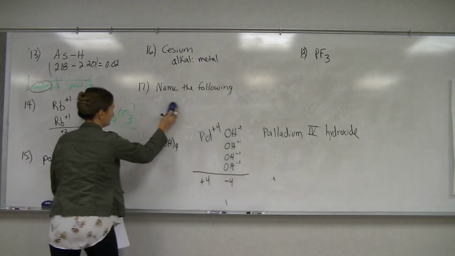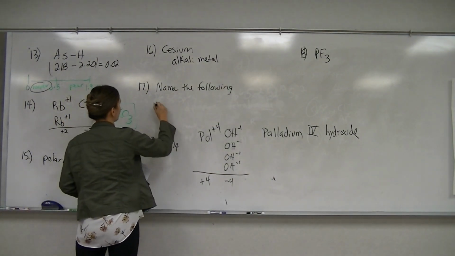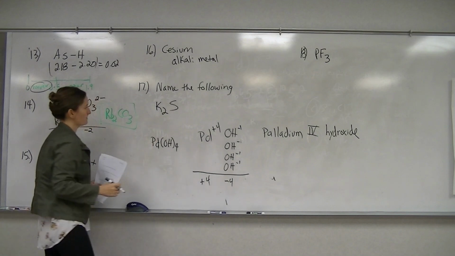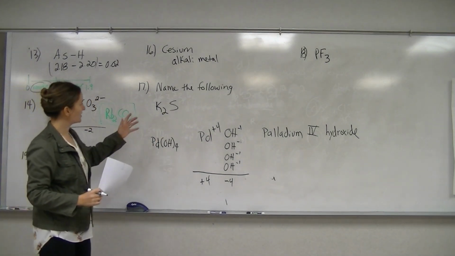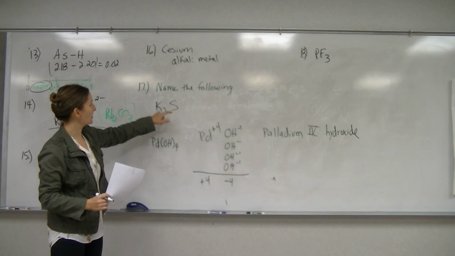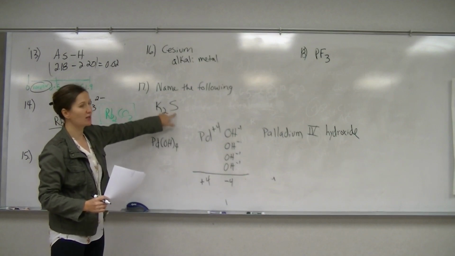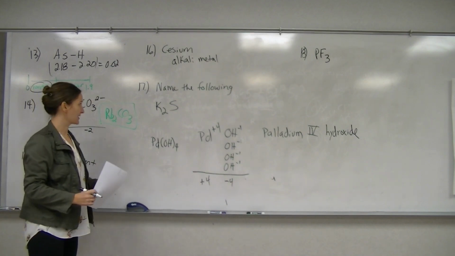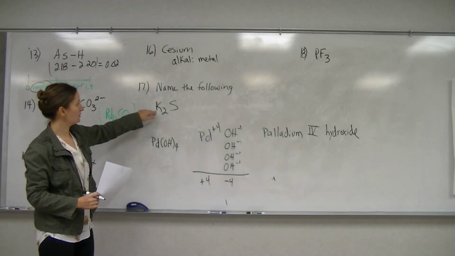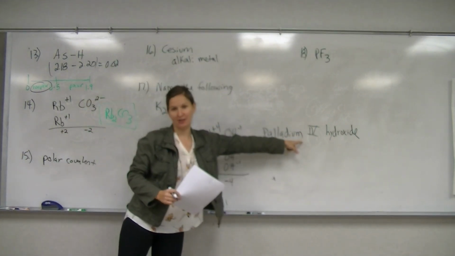There's one more, and that's this K2S. Looking at it, it's ionic because I have a metal, potassium, with a non-metal, sulfur. I don't use prefixes because it's ionic. Since my metal is a main group metal this time and not a transition metal, I do not use Roman numerals.